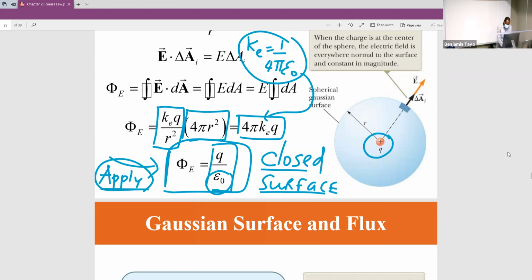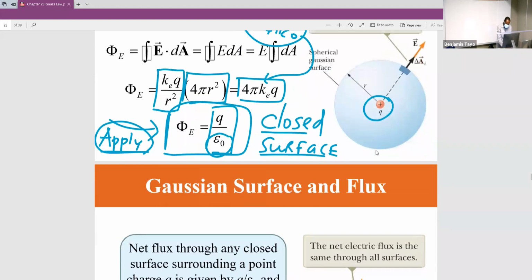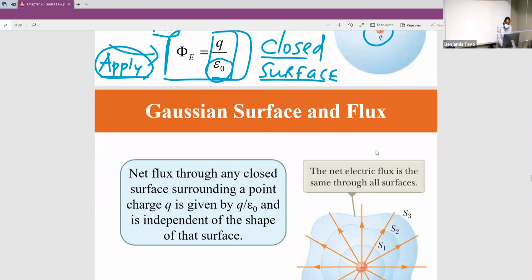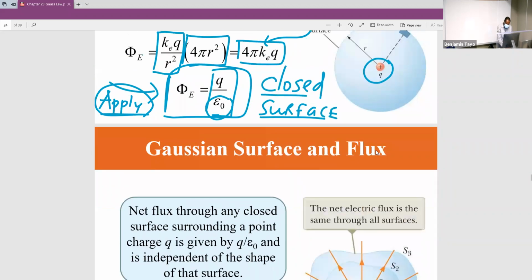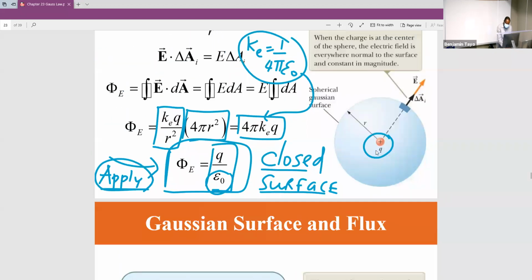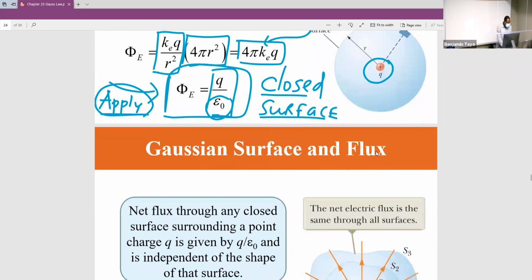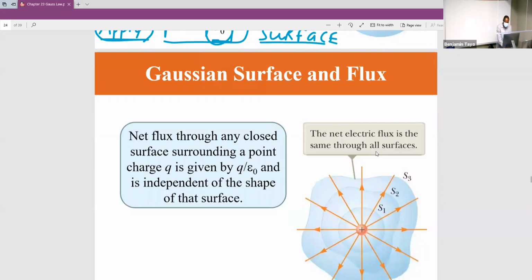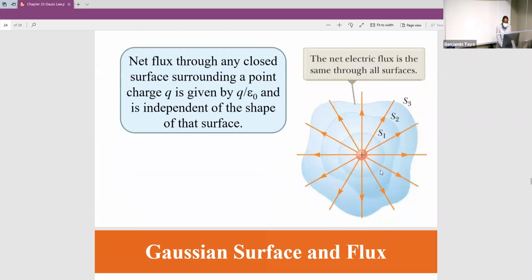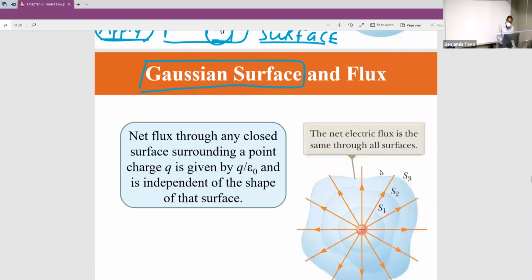And I can apply this equation to calculate, for example, the flux. All right, so let's talk about this Gaussian surface here. The key point is that the shape is not important.